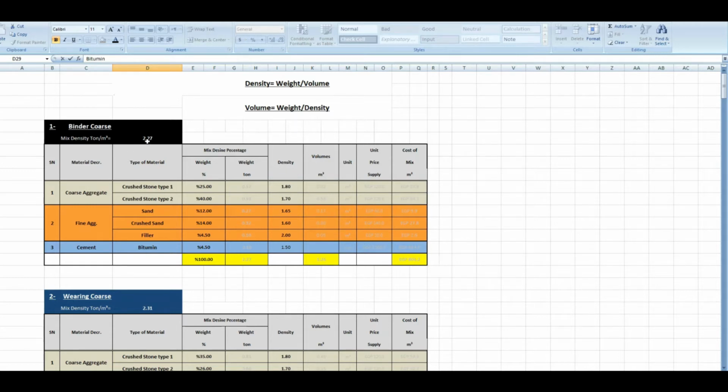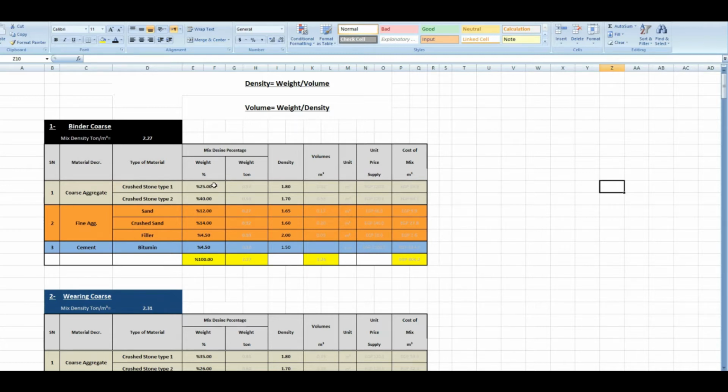This is the density of binder course, ton per cubic meter, 2.27. In this example, 2.27, or according to the mechanical design, it can be more or less than this. The table prepared by the material engineer should include this minimum information about the mix design.